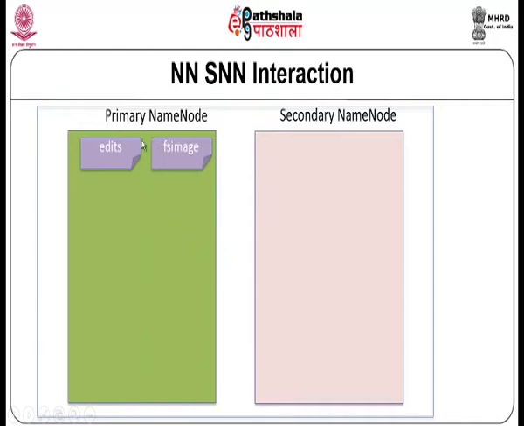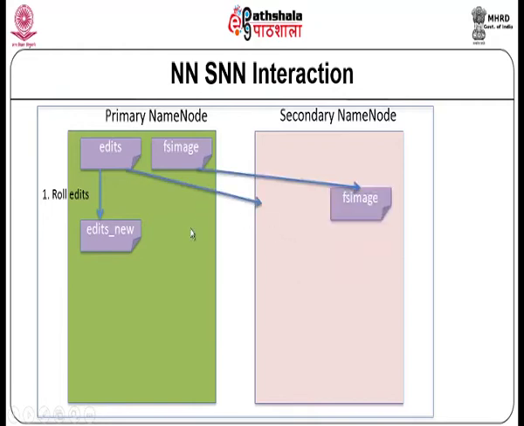Now, when the time comes for the secondary name node to step in, the primary name node starts a new edits. The earlier edits contains everything up to a certain point, and FS image contains the overall snapshot even before that. The primary name node starts a new edits which is called edits new. After this has been started, the FS image and the edits are sent to the secondary name node.